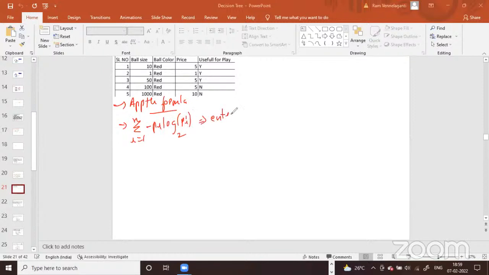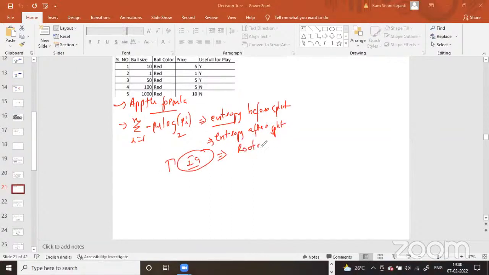Find out entropy before split, find out entropy after split, and then take the difference. Find out the information gain. Whichever feature is going to have the highest information gain, you're going to call that feature the root node, or the most important attribute. This is what you're going to do.